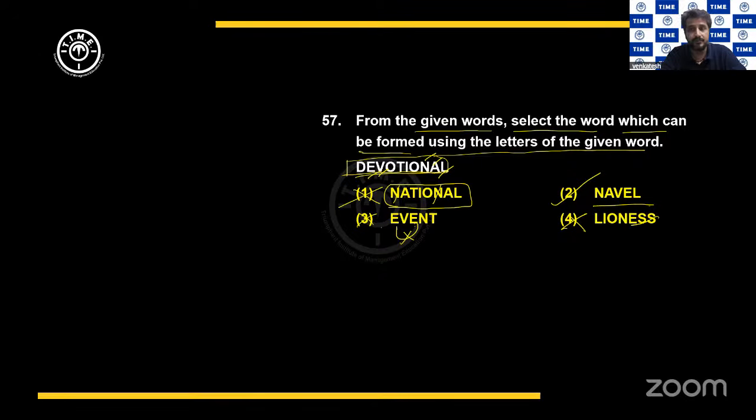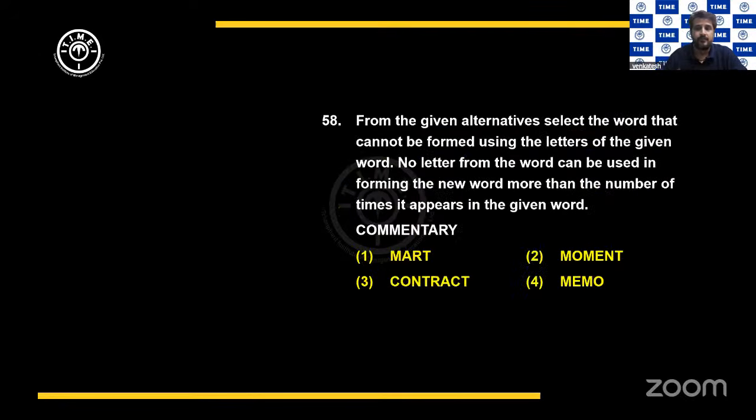Now, yet to discuss are very interesting non-verbal reasoning questions, which occupy 5 to 6 marks in the exam. Now, from the given alternatives, select the word that cannot be formed. Earlier one was can be formed. Now the present question is cannot be formed using the letters of the given word.